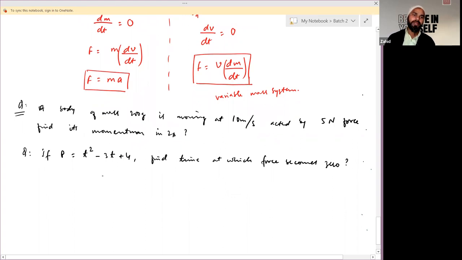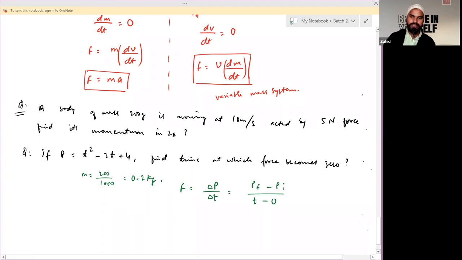In first part, we have mass is equals to 200 gram divided by 1000. So it will be 0.2 kg. As we have formula, force is equals to change in linear momentum over time taken. So we may write it as P final minus P initial divided by T minus 0.